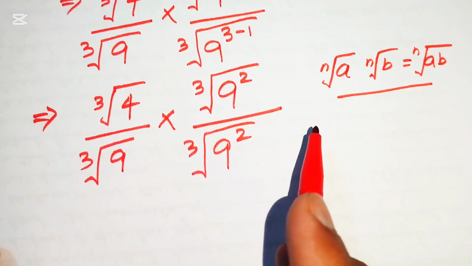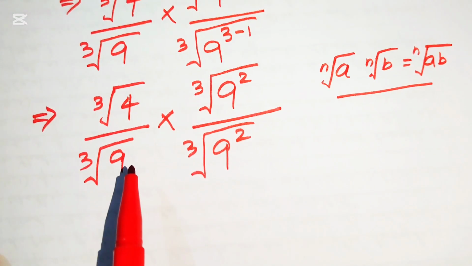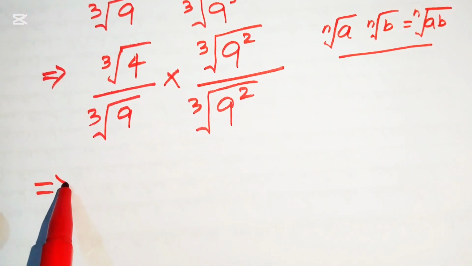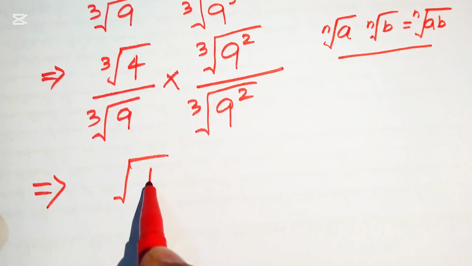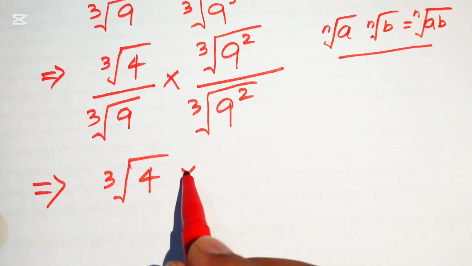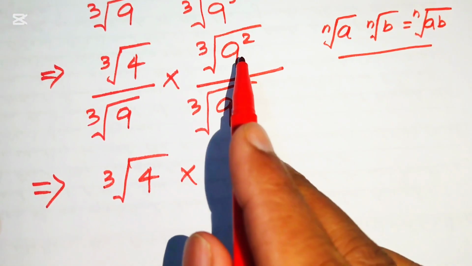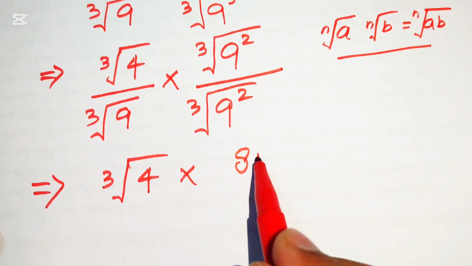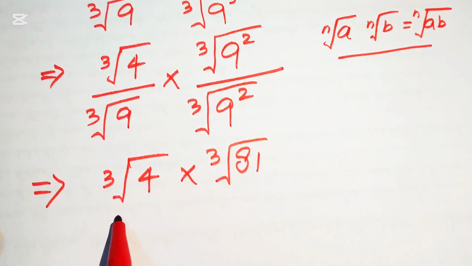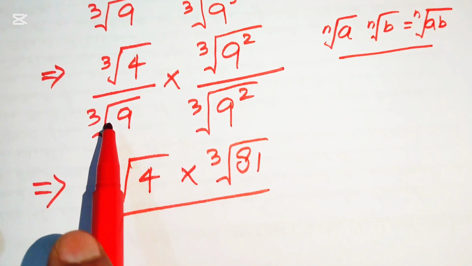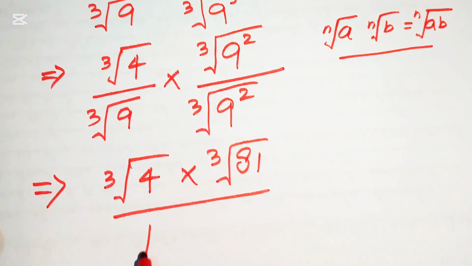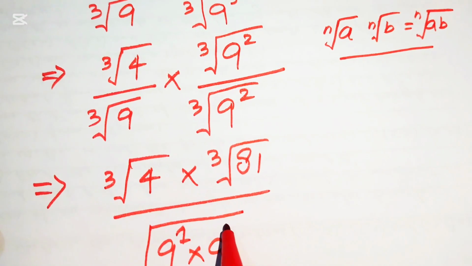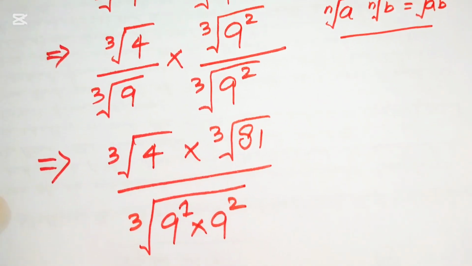According to this law, we combine the terms in the denominator, so we have the cube root of 4 multiplied by the cube root of 9 squared, which is 81. We combine the cube root on both of these terms, and it is written as 9 to the power of 1 multiplied by 9 squared, all under the cube root.